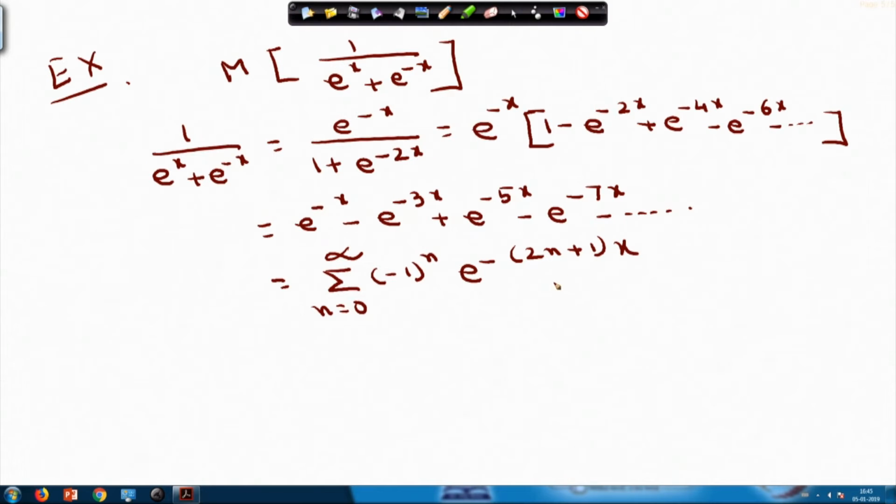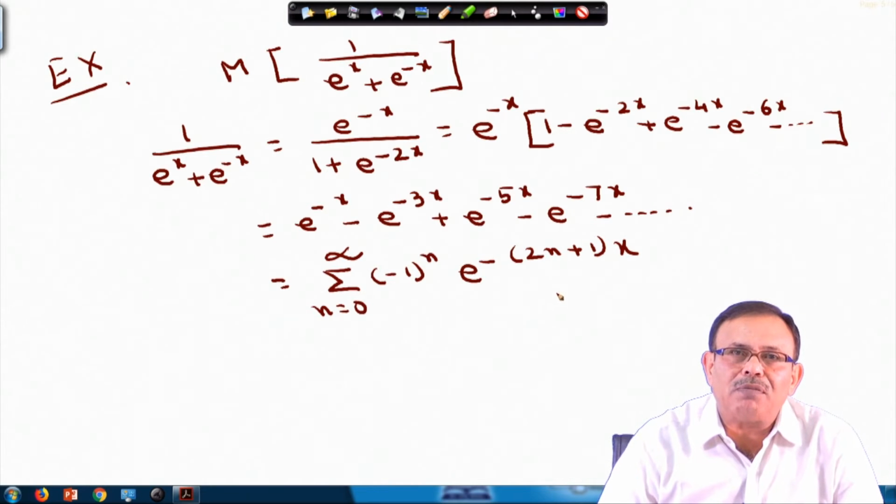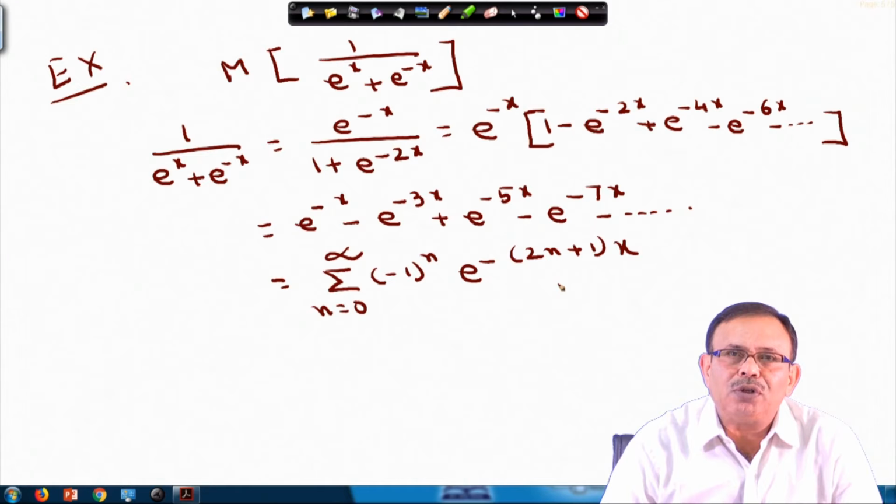So, if you see, whenever n is equal to 0, you get the first term, minus 1 to the power 0, that is 1, e power minus x. Whenever n is 1, this value will be minus, and this will be e power minus 2 plus 1, that is 3x.